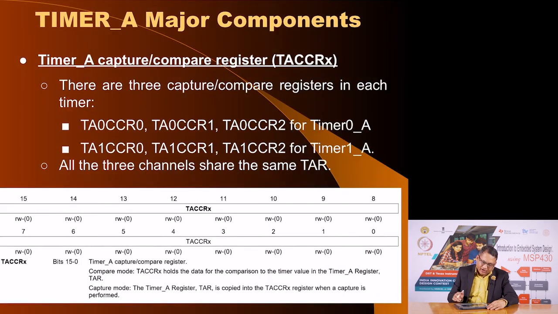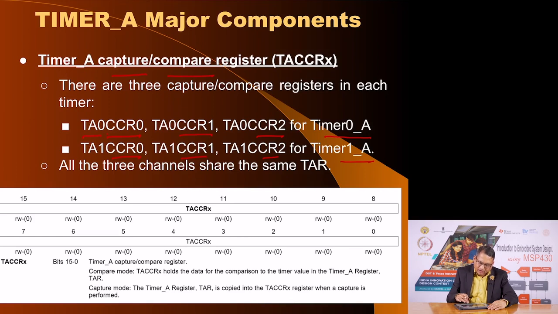You also have a timer capture and compare register, and there are 3 capture and compare registers for each of the timer. Timer A0 has CCR0, capture compare register 0, capture compare register 1, register 2, and timer A1 has capture compare register 0, 1 and 2.